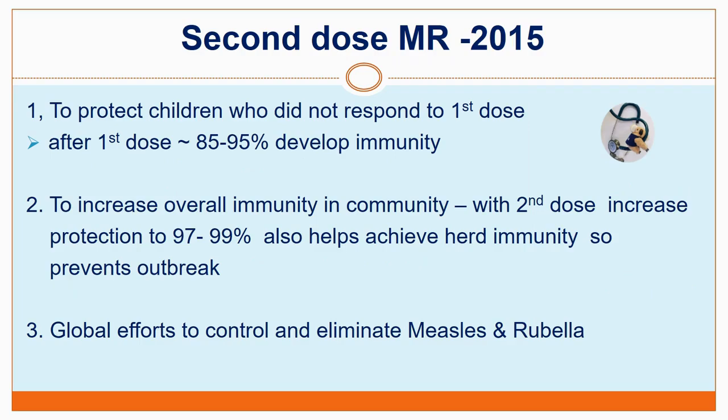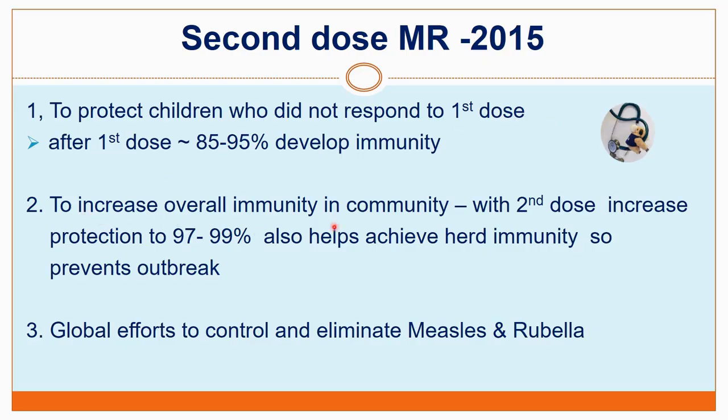In the Nepal immunization schedule, the second dose of MR was introduced in 2015, that is 2 years after starting the first dose. This was planned because, number one, to protect the children who did not respond to the first dose, because with the first dose it was noticed that approximately 85 to 95% developed immunity. The rest did not develop immunity.